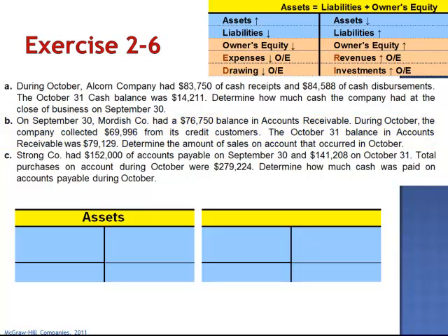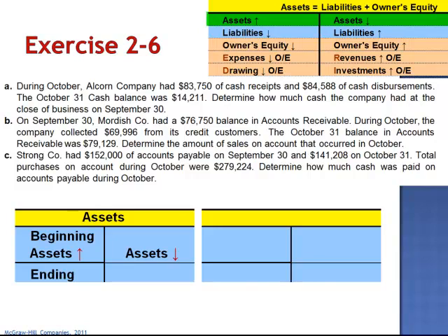Accounts receivable is another asset. The normal balance for all assets is a debit. This makes sense as assets sit on the left-hand side of the equation. Assets increase with debits and decrease with credits, and have a normal ending balance of a debit. The beginning balance in accounts receivable was a debit balance of $76,750.